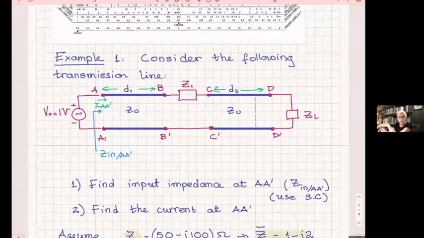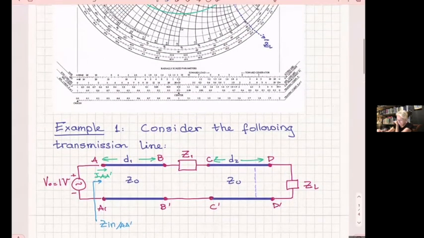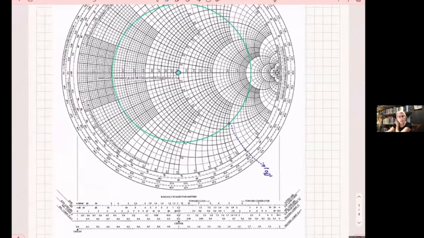And I want to find the magnitude of the reflection coefficient there. How would I find it from the Smith chart? Do you remember? Who can tell me? Any takers?